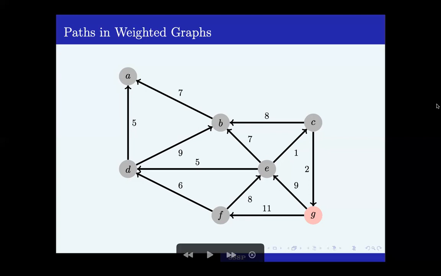It's a single source shortest path. If somebody says I don't know the shortest path between Calcutta and New York, I will find the shortest path from Calcutta to all other cities in the world. It doesn't sound like a very efficient algorithm, but surprisingly it works.